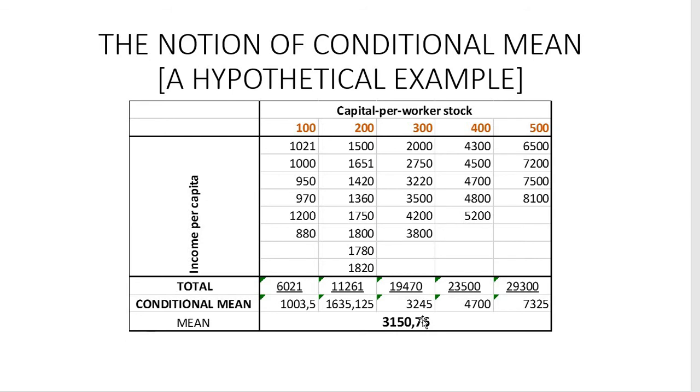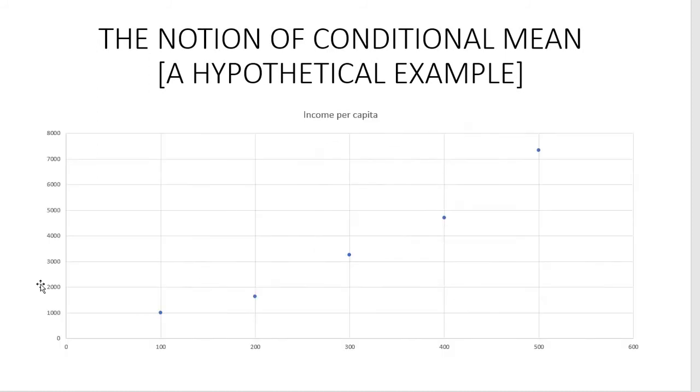This is something you should expect if you have no information about the value of capital per worker stock in the country. This is the average value of income per capita for all of those countries. However, if you have information about capital per worker stock, then you discuss the idea of conditional mean. What value of income per capita you expect, depending on the value of capital per worker stock.